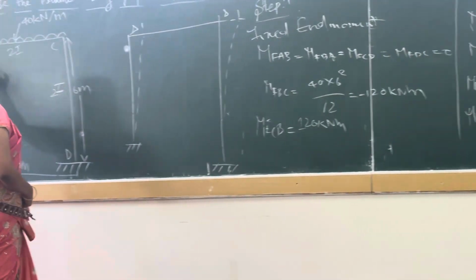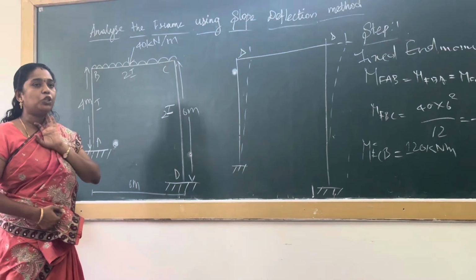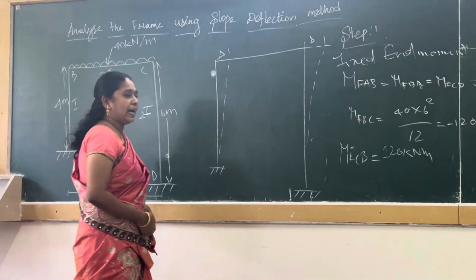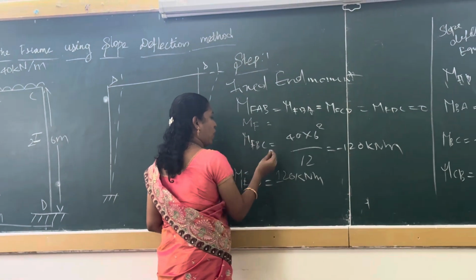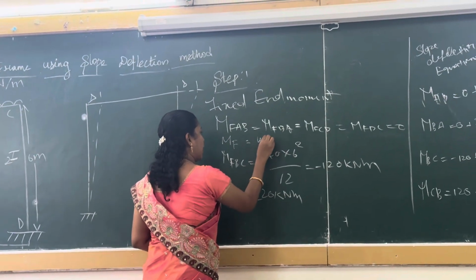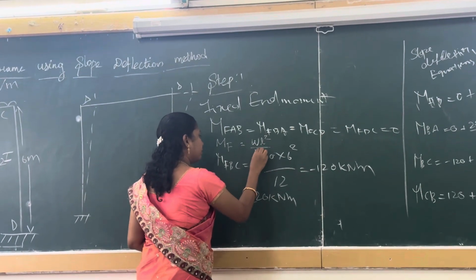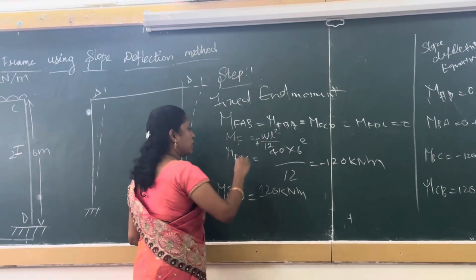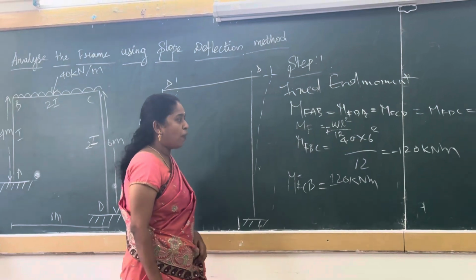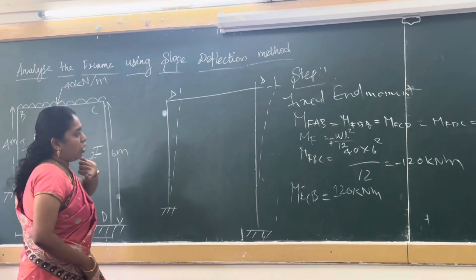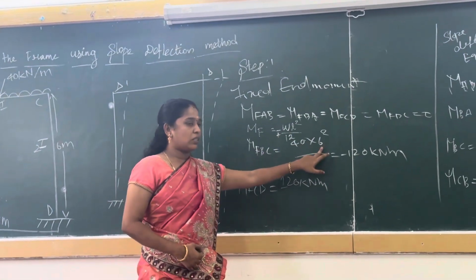In span BC we are having the UDL load. If it carries UDL load, the fixed end moment formula is WL square by 12, minus or plus WL square by 12, where the W value is 40 kilonewton and L value is 6.